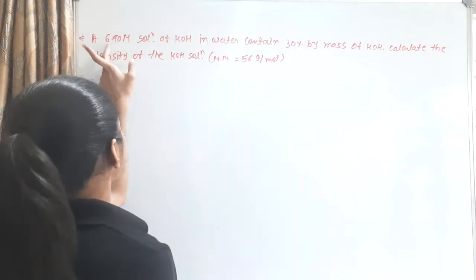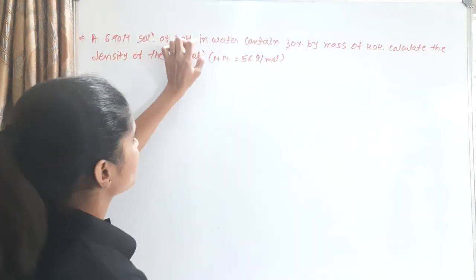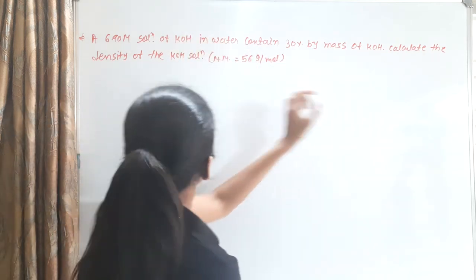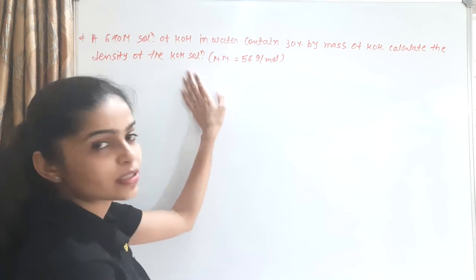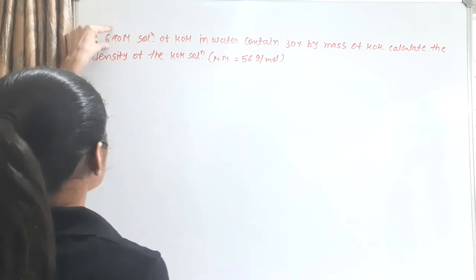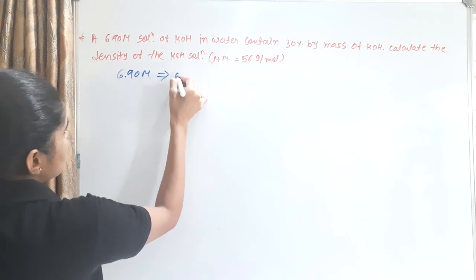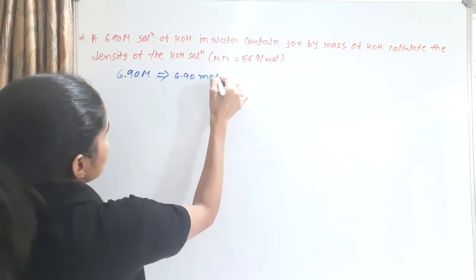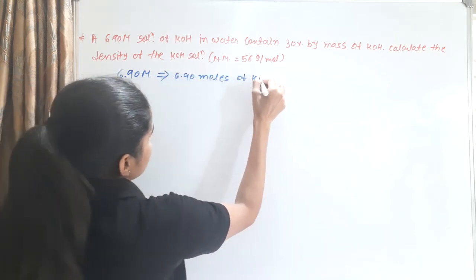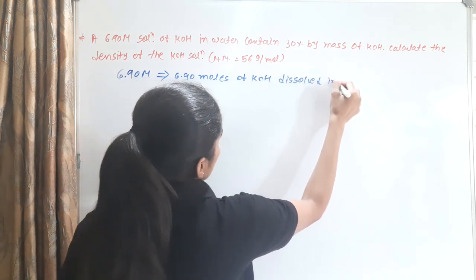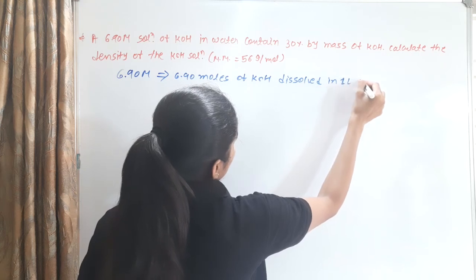A 6.90 molar solution of KOH in water contains 30% by mass of KOH. Calculate the density of the KOH solution. First, given data is the 6.90 molar. That means 6.90 moles of KOH dissolved in 1 liter solution.